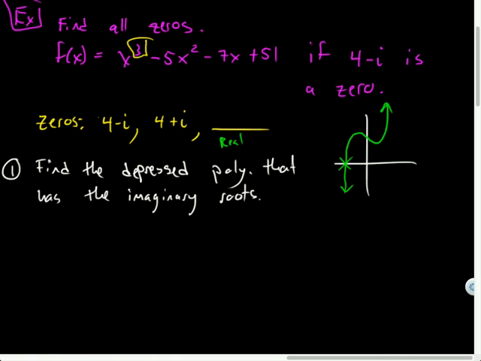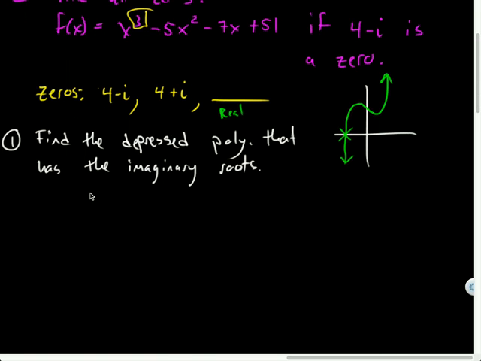I think it was the factor theorem that said if a is a root, then x minus a is a factor. So don't write this down, but if 2 was a root, then you would say x minus 2 is a factor. If negative 5 was a root, you'd say x plus 5 was a factor of the polynomial. You guys remember that? Or at least recognize that pattern?